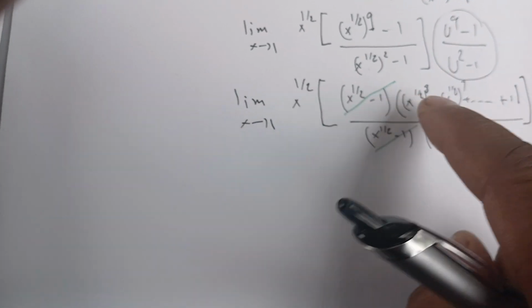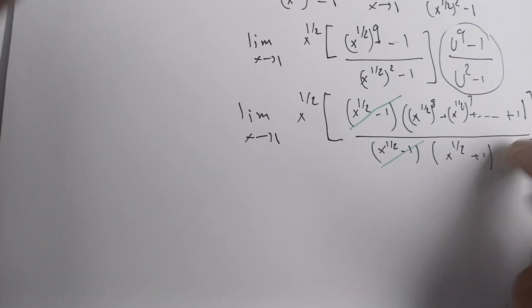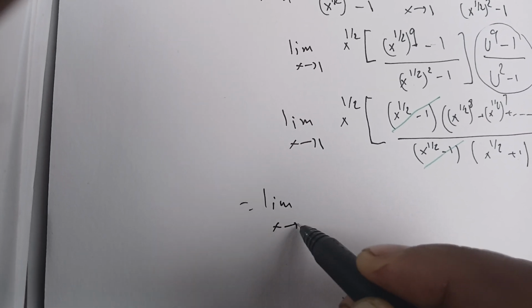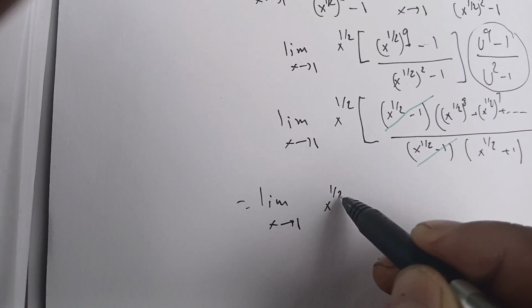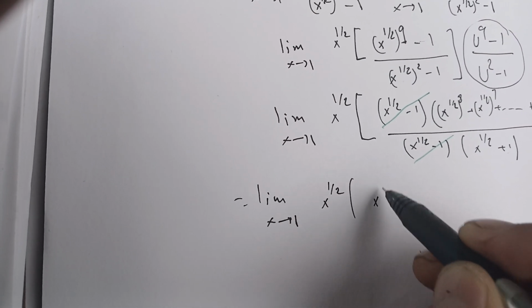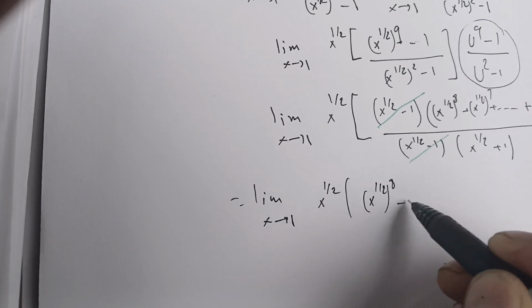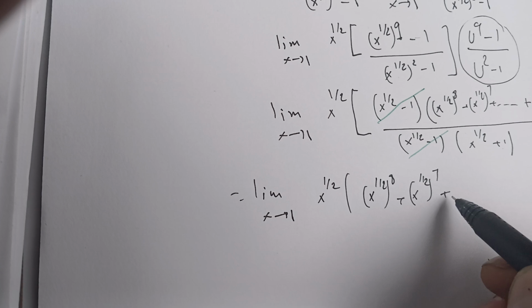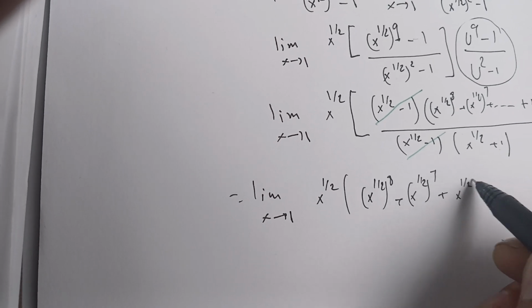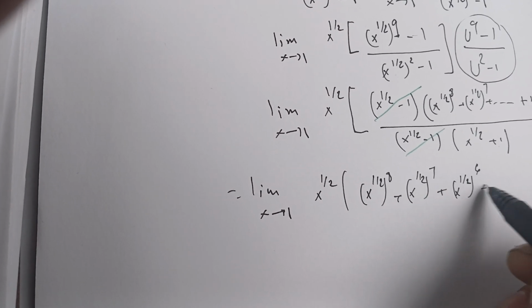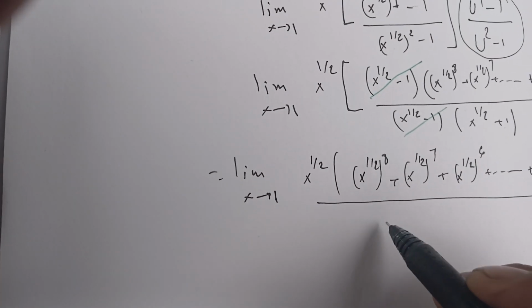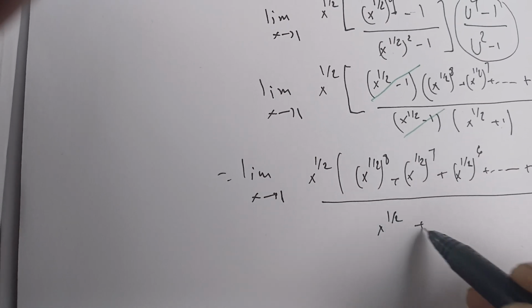So now let's try to plug in. We get 1 here. We have no problem now. So the limit is equal to the limit as x goes to 1 of x to the power 1/2 times x to 1/2 to the power 8 plus x to 1/2 to the power 7, x to 1/2 to the power 6, and so on until 1, over x to the power 1/2 plus 1.